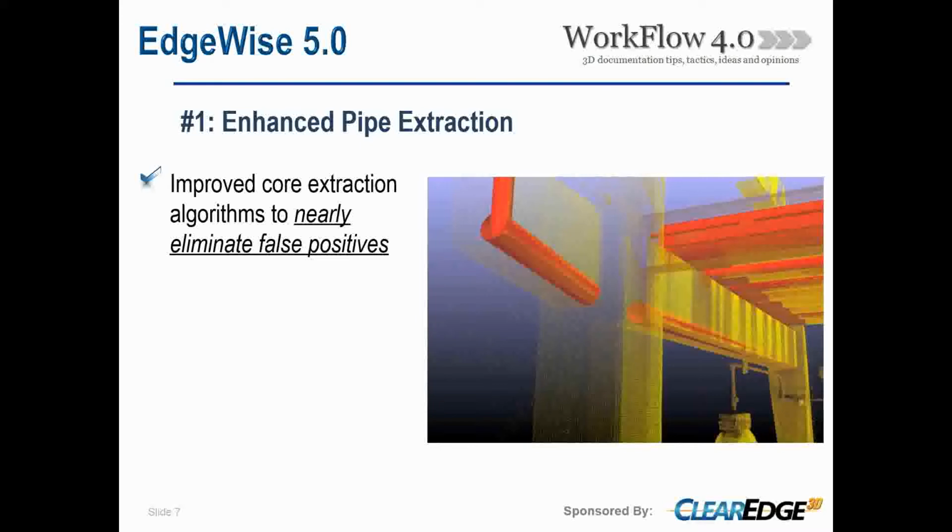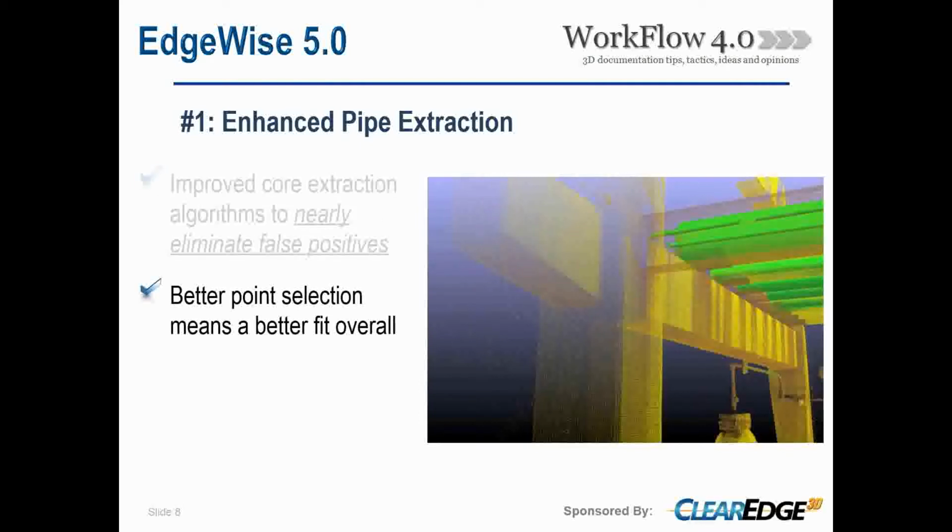If you've used the software in the past, you've probably seen things like what I'm showing in this slide here, where you've got a beveled corner on the edge of this concrete structure, and it shows up as a pipe because it fits really well to a cylinder. Those points do. Well, these new algorithms go through. They're a whole lot more robust against things like corrugated steel, beveled corners, stuff like that.